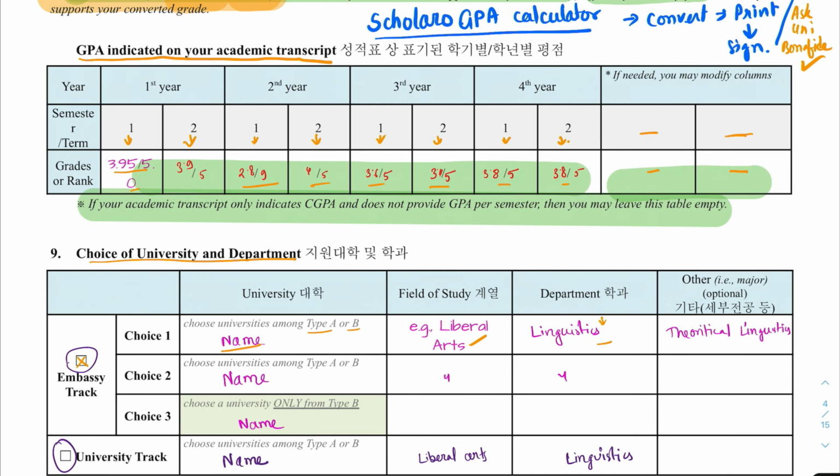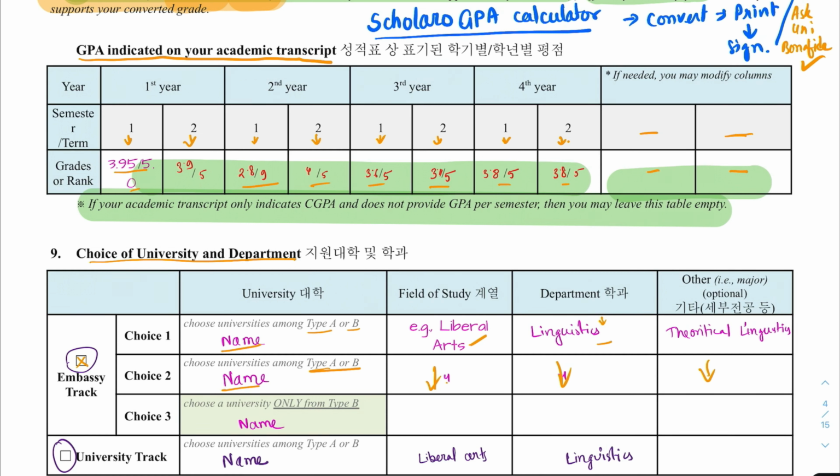And next, the choice of type A or B, you can put similar or different, but in the embassy interview they may ask and you may get confused. So I suggest putting similar kinds of subjects here.